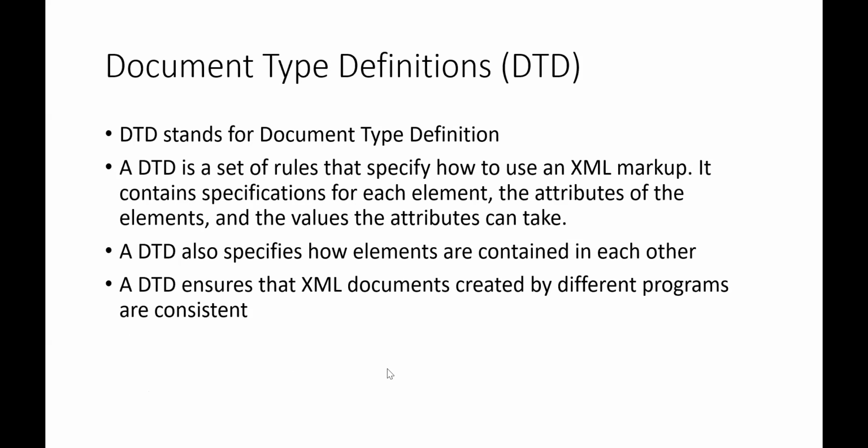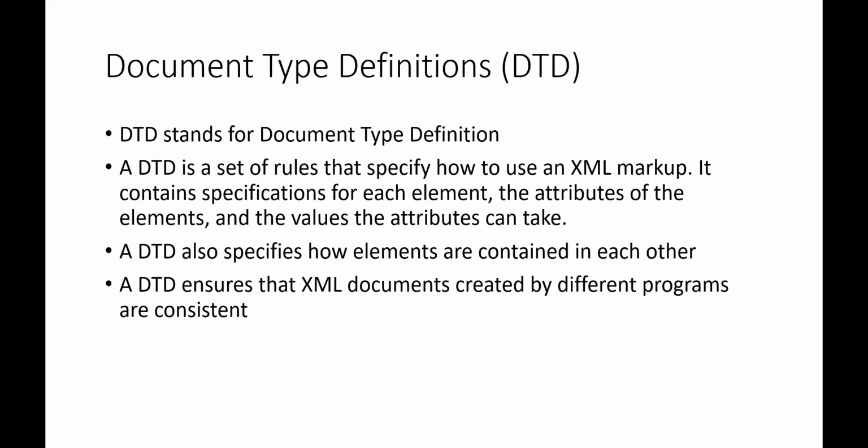Okay, now going into the details of the two standards, DTD stands for document type definition. Basically, you can think of it as a set of rules for how you should mark up an XML document. So in a document, we can have elements, like in our case, we have lecturer, we have name, and so on.